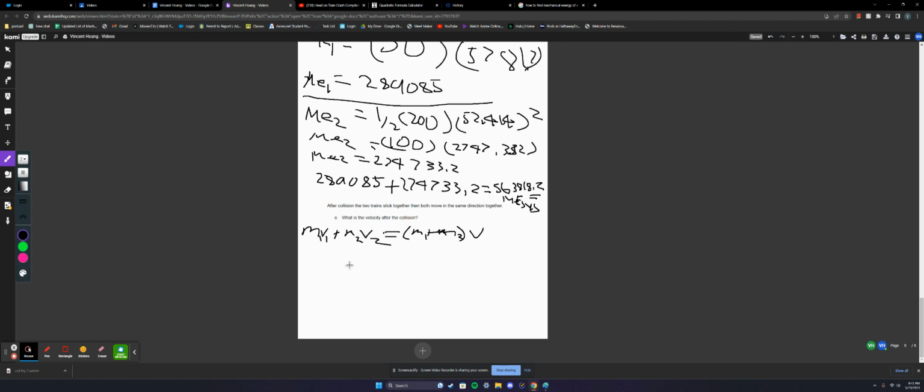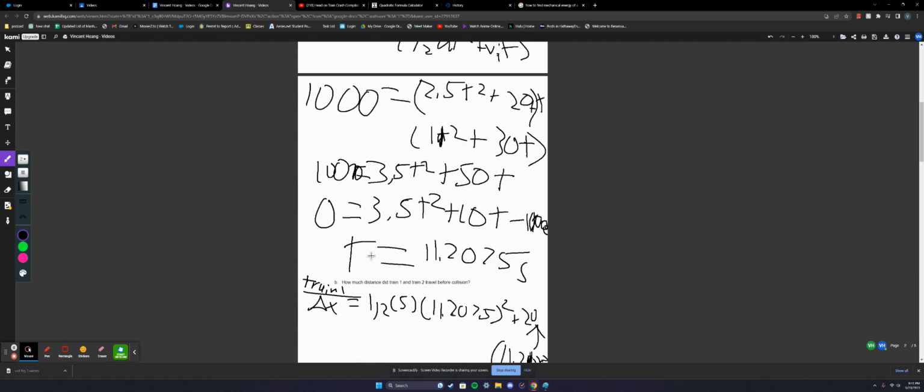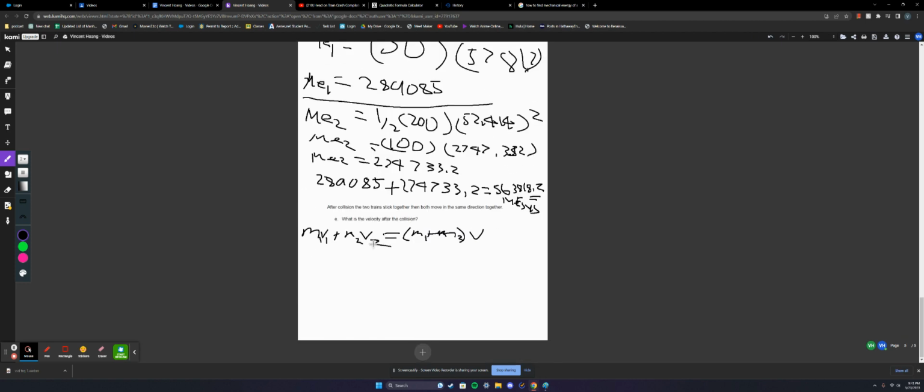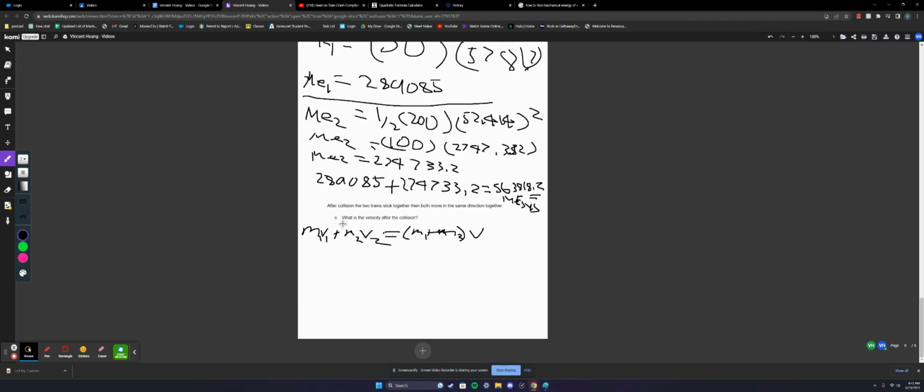So first we need to figure out the momentum of train 1. Mass of train 1 was 100 kilograms. And remember, since we're looking at the train during its collision, right before and after its collision, we have to look at the final velocity right before the collision.